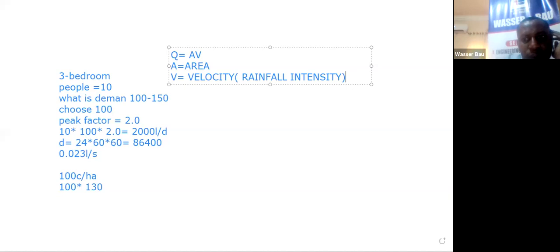If you look at this layer very well, catchment B is now catchment A plus itself. Catchment D is now catchment B plus catchment C plus itself. Catchment F becomes catchment D plus itself.